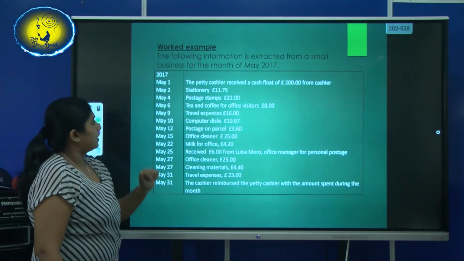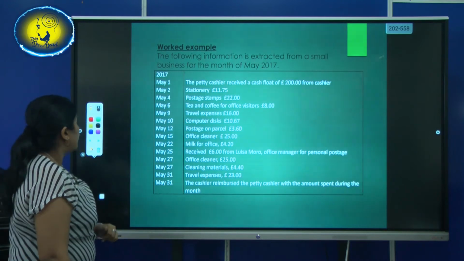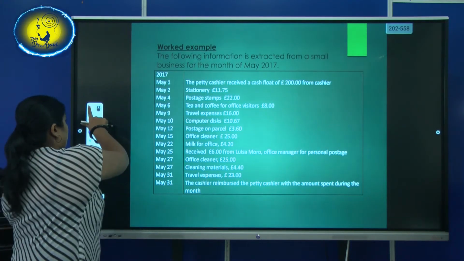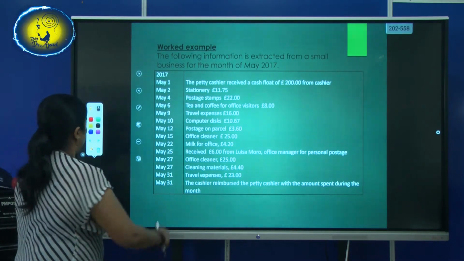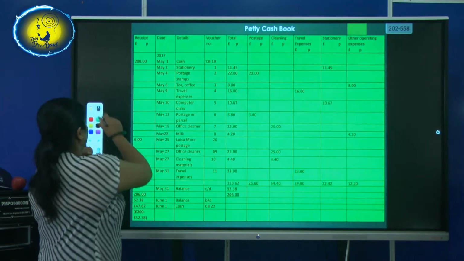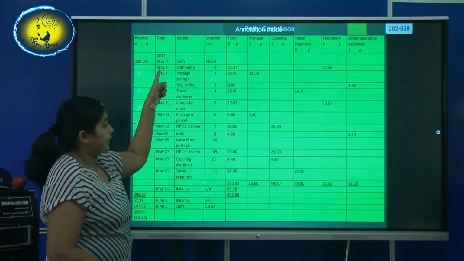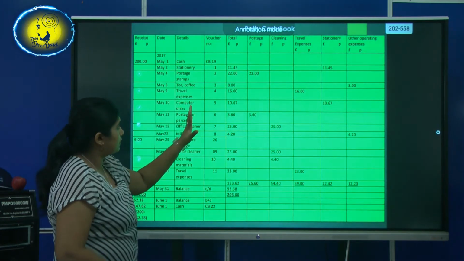Next, on May 2nd, you have spent on stationery 11 pounds and 75 pence. Here you will be able to see I have included the date May 2nd. The detail will be stationery because we spend on stationery.